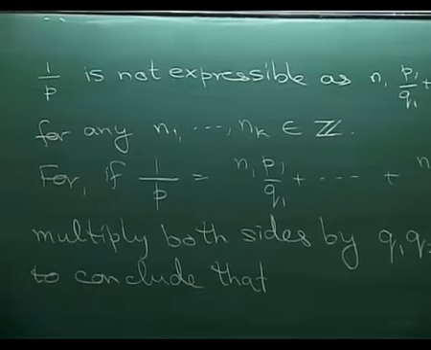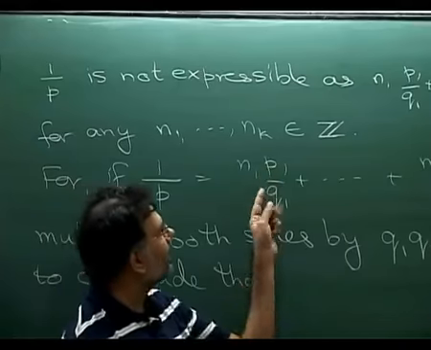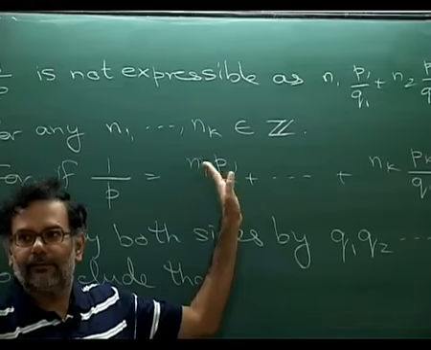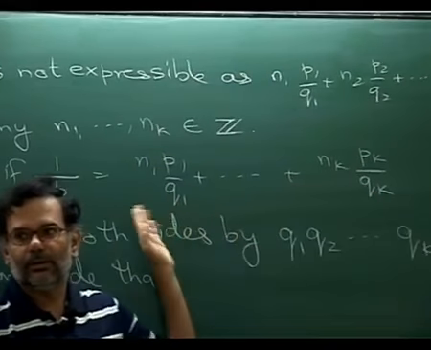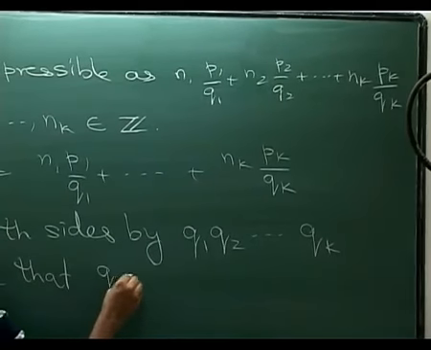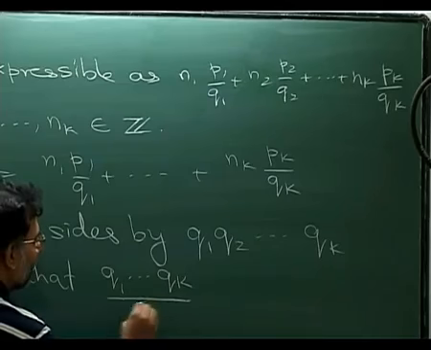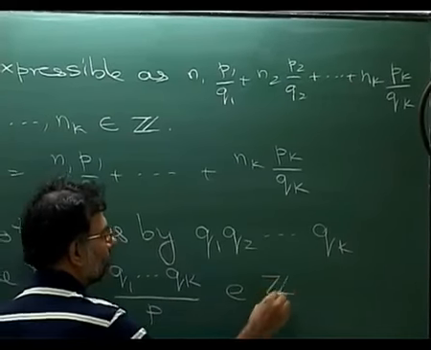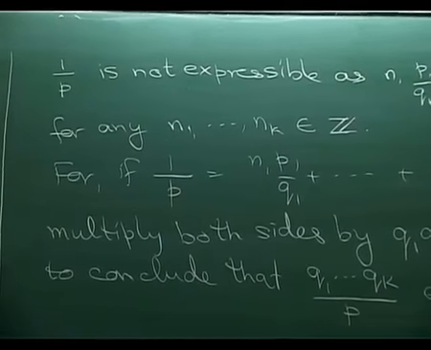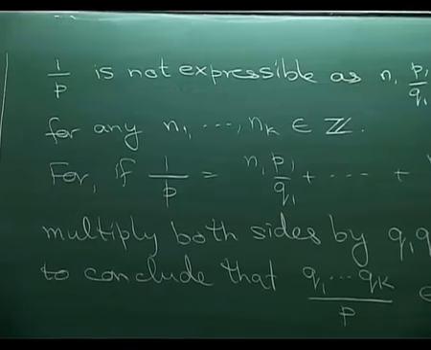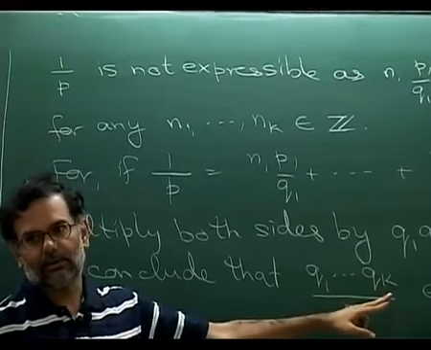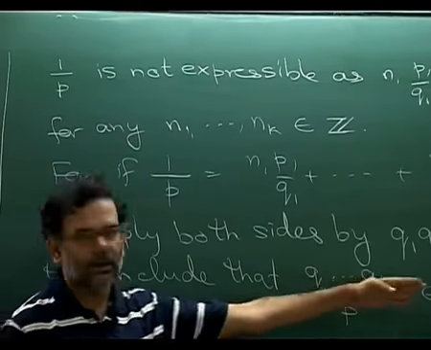If you multiply by Q1 up to Qk, on this side, in each term one Q will cancel and all the denominators will cancel in each one of these. So finally I'll be left with an integer on this side, whereas on the other side I'll have Q1 up to Qk by P is an integer. Right? N1 up to Nk are integers, so it follows that this is an integer. But we chose a prime which doesn't divide Q1, which doesn't divide Q2, which doesn't divide Qk, so obviously the prime cannot divide the product. That's a basic property of a prime. So this is a contradiction, right?